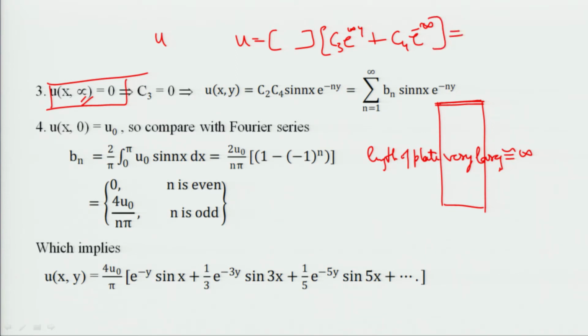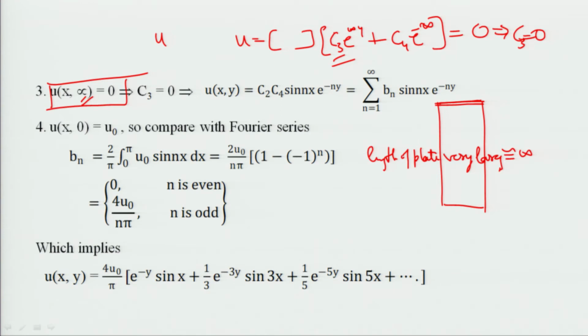On simplifying, if this whole system is equal to 0, then C3 must be 0, otherwise e to the power plus infinity is a very large quantity and the whole system would become infinite. To maintain this as a physical system, our C3 must be equal to 0. This is our third condition.